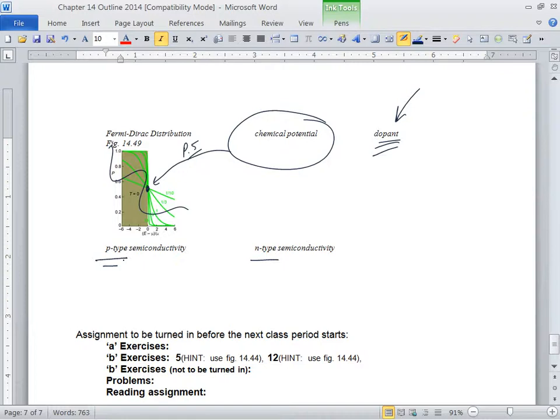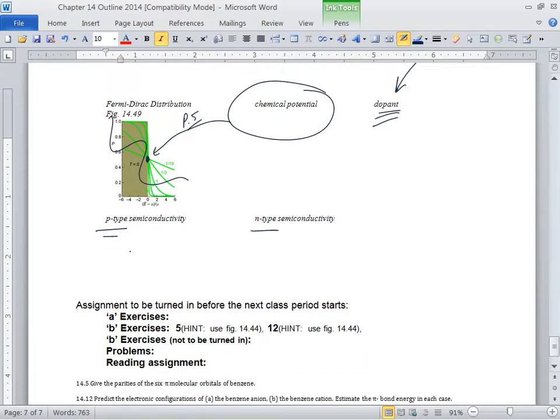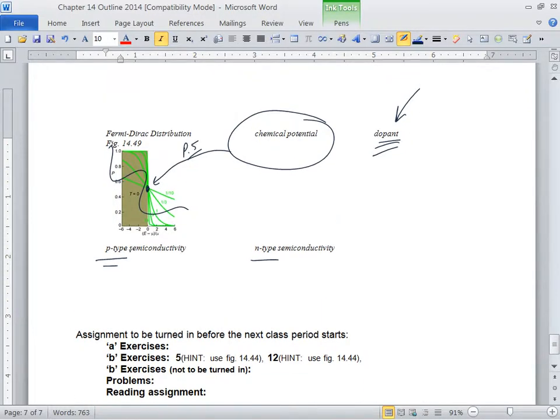You can make that as complicated as you want. I mean, that was very simple. You can go a lot further with that than what we're talking about. So a dopant is just something that has electrons on it? Well, a dopant is going to be modifying the chemical nature of that solid.